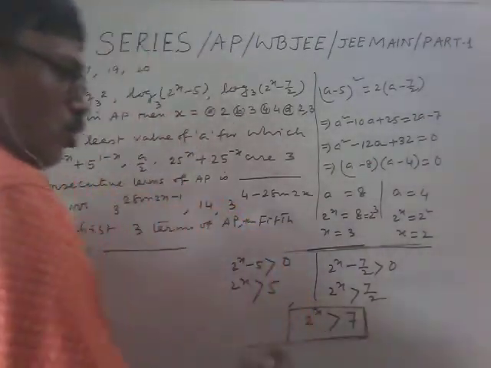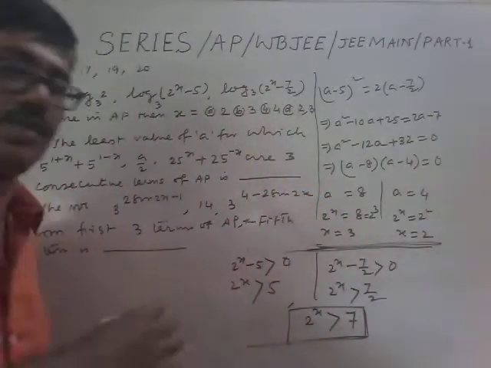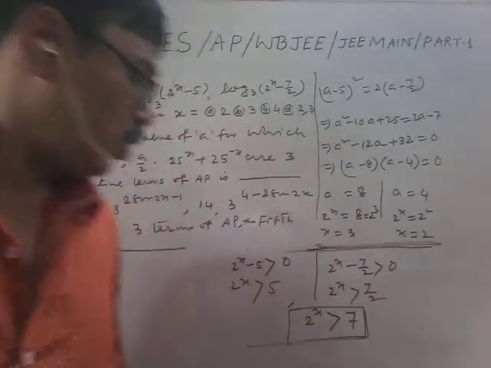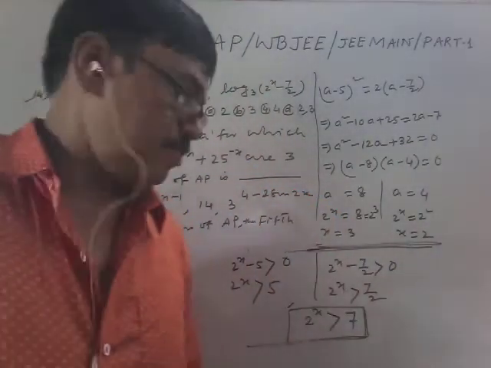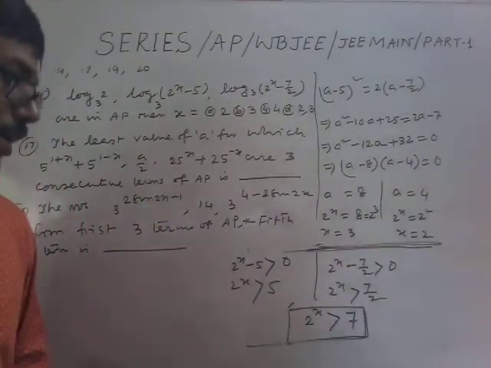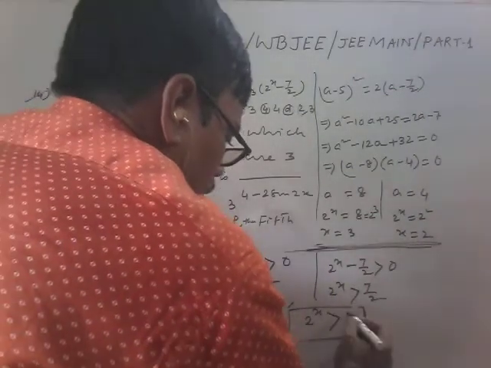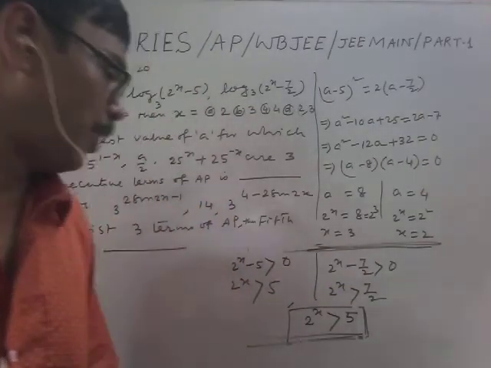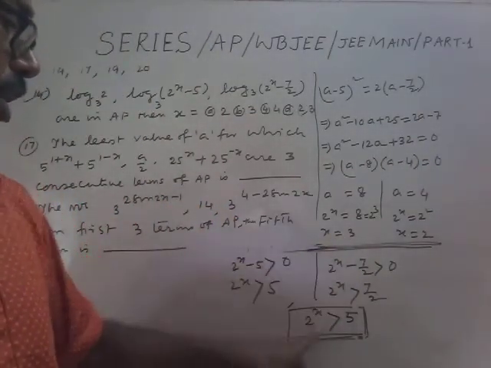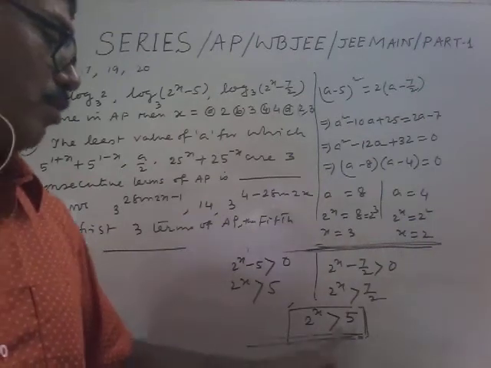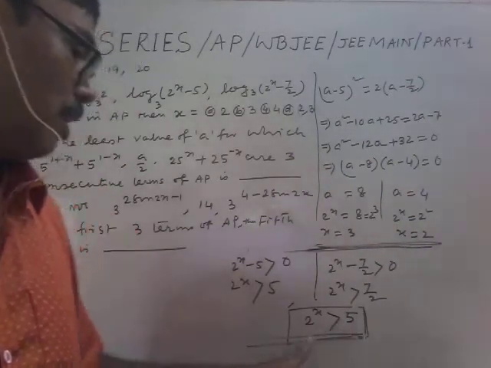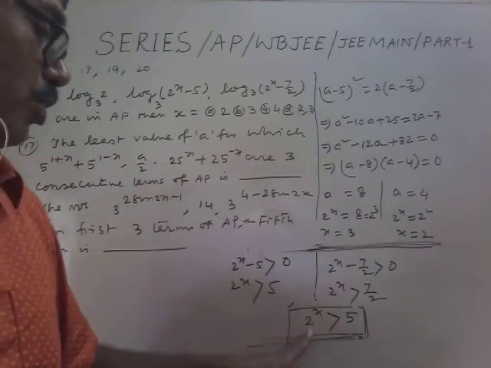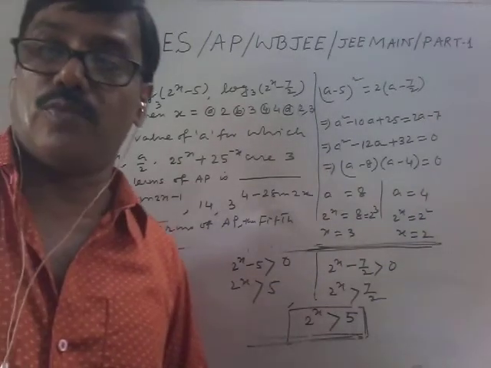Now you have to look whether these two solutions satisfy 2 to the power x greater than 5 or not. Now if we put x equals 3, 2 to the power 3 is 8, greater than 5. This is correct. But if we put x equals 2, this will be 4 greater than 5, not true.